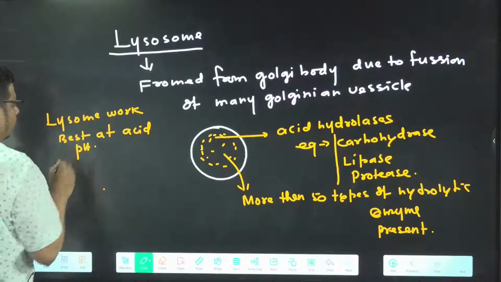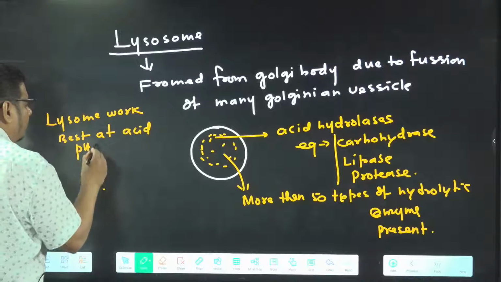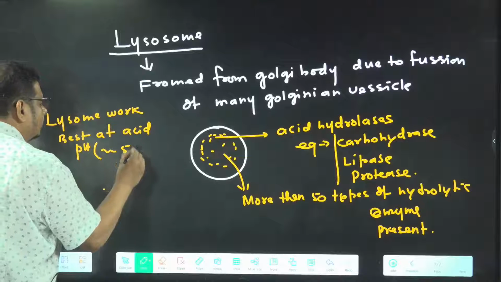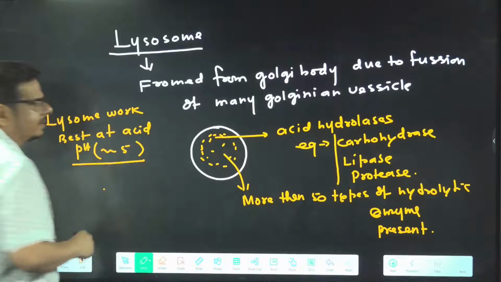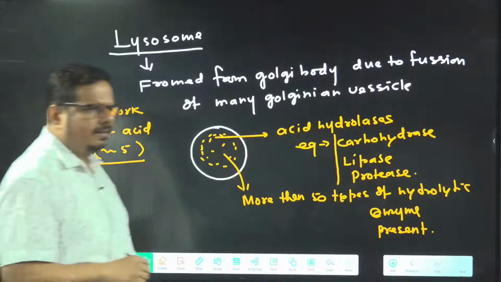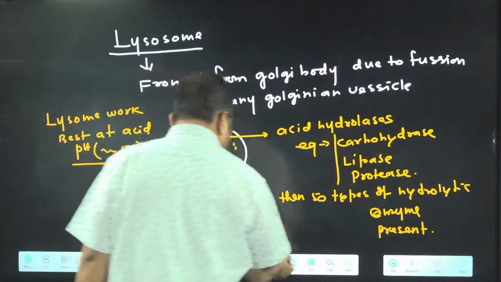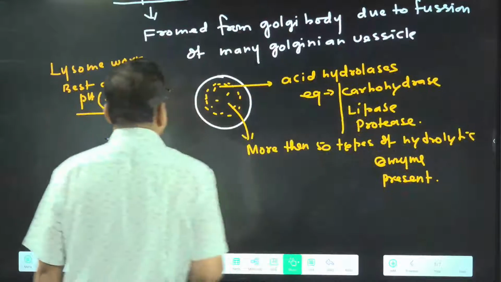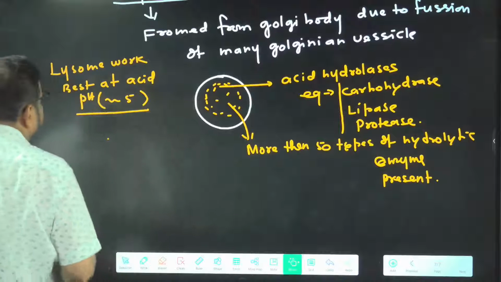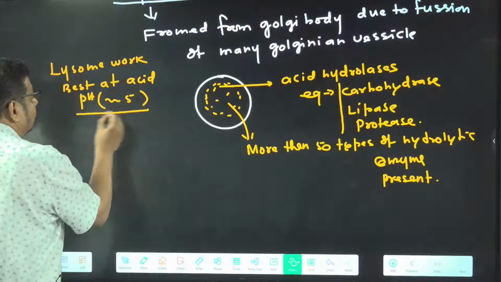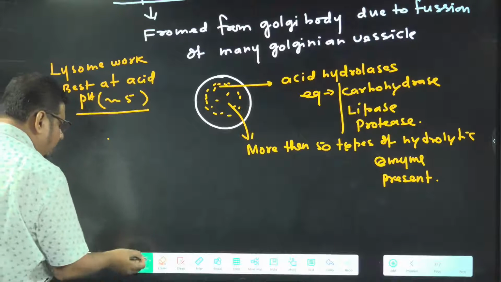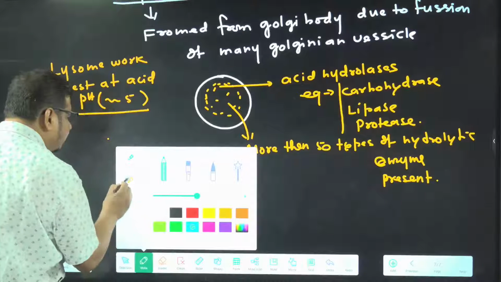Getting the idea? And around how much pH? Around pH 5, it works best. So if we talk about lysosome, it works best at which pH? Acidic pH.